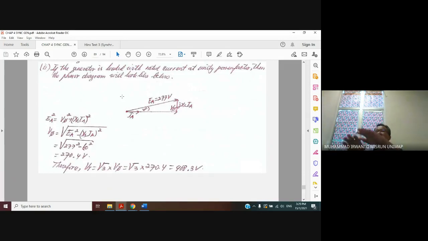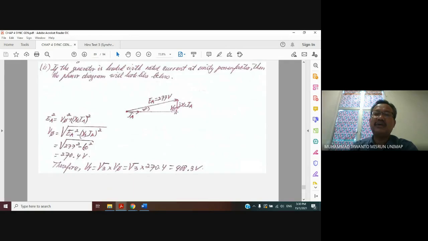Unity means the phase current IA and the phase voltage are in phase.